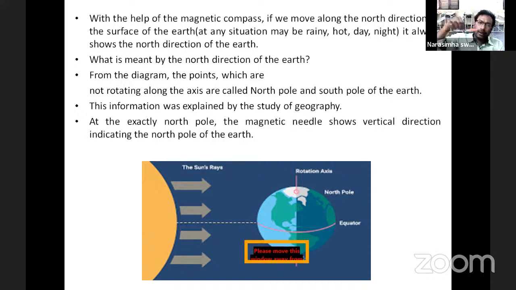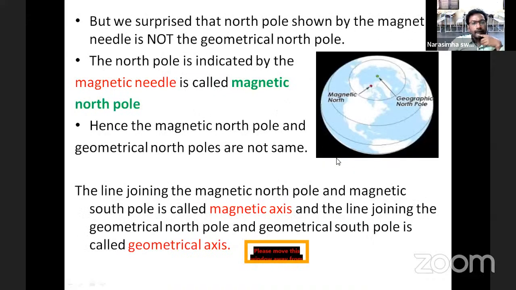As long as you are walking on the Earth, it shows the north direction, and the moment you reach the north pole, the needle shows vertical direction. So at exactly the north pole, the magnetic needle shows vertical direction, indicating the north pole of the Earth.